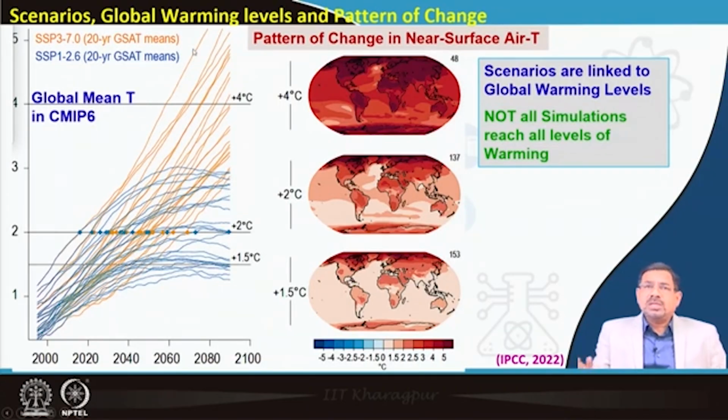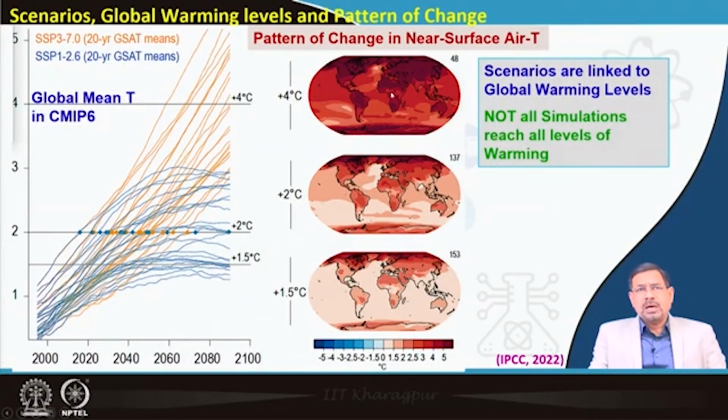So, the take home message is, when we use this kind of scenario based predictive analysis, it tells us at what rate we are going, what kind of policy mitigation, what kind of scenario we are following. Based on that, we will end up with this kind of global mean temperature.